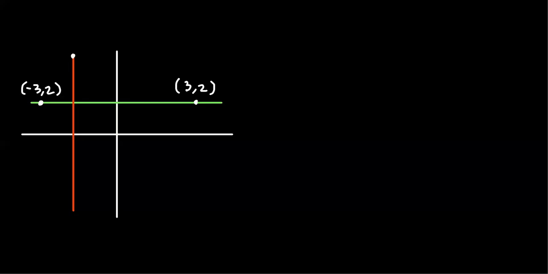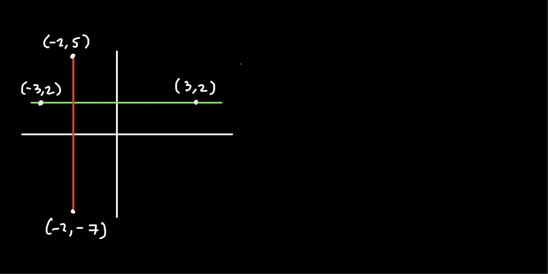And then for this line, the x coordinates would be the same at any point because it crosses one x coordinate, and that stays the same because the line is vertical. So let's say we have the point (-2, 5), and also (-2, -7), say.